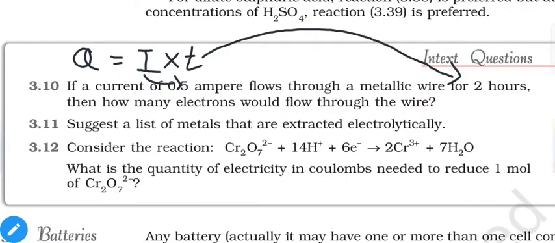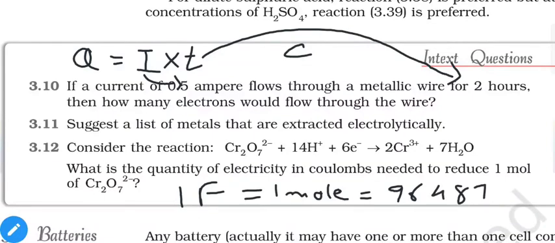So 0.5 multiplied by 7200, you will get Q is equal to 3600. So it is the value in coulombs. And we know that 1 Faraday is equal to 1 mole of electrons, and it is equal to 96,487 coulombs.